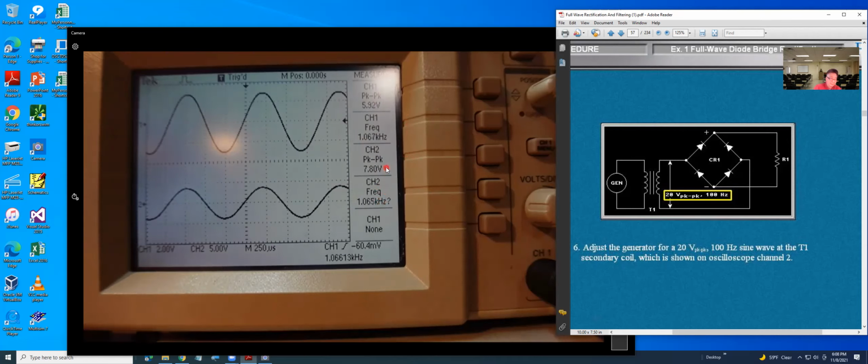They want 20. So now I want to set channel 2 to scope probe by 10, and you know how to do that. First thing, you have to go in and set the scope probe for your channel 2.